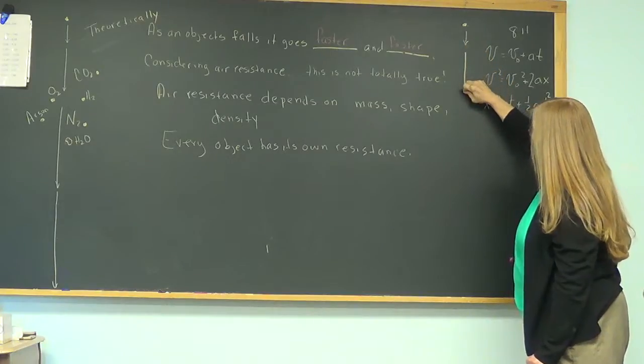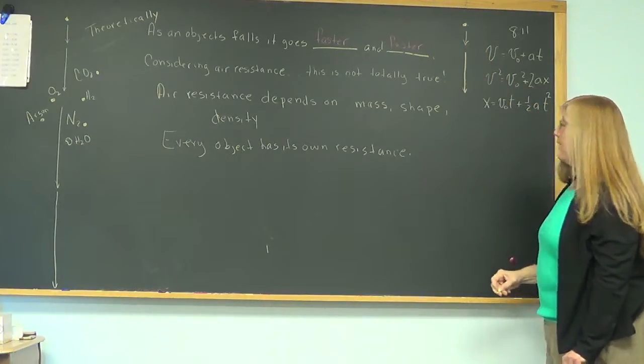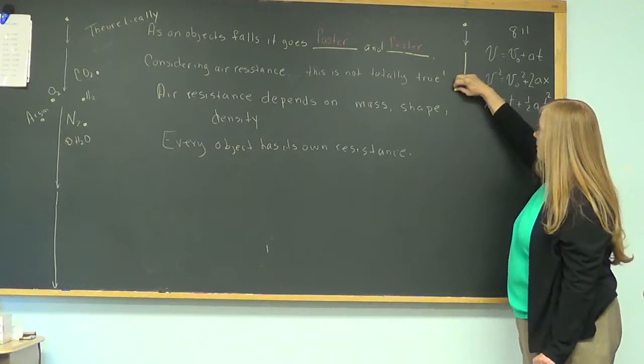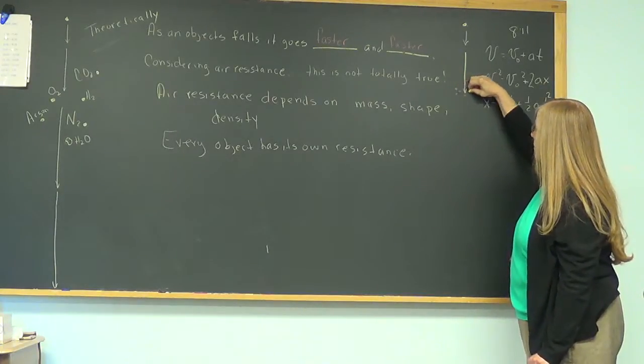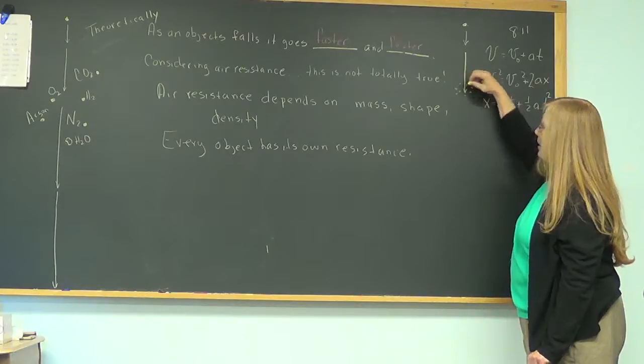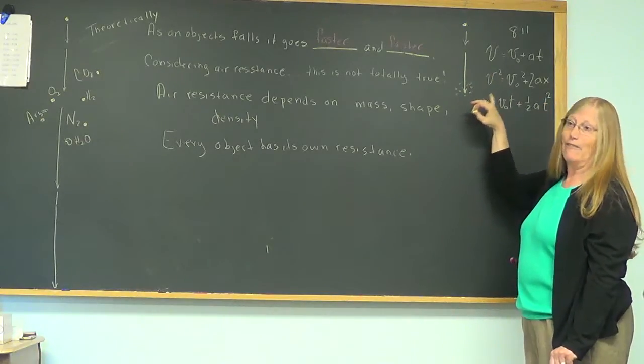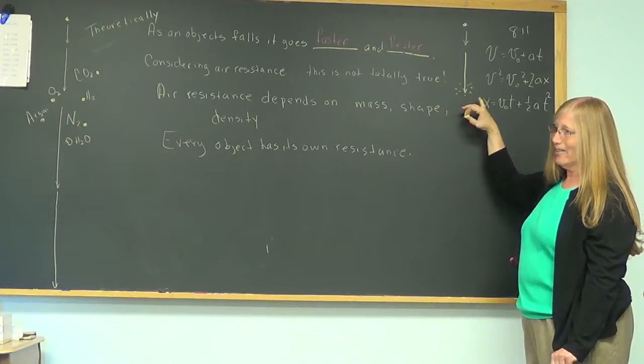Then it will gain velocity, but the faster it goes, guess what happens to the air molecules? It's hitting more of these because it's going faster. So there's more resistance the faster that it goes.